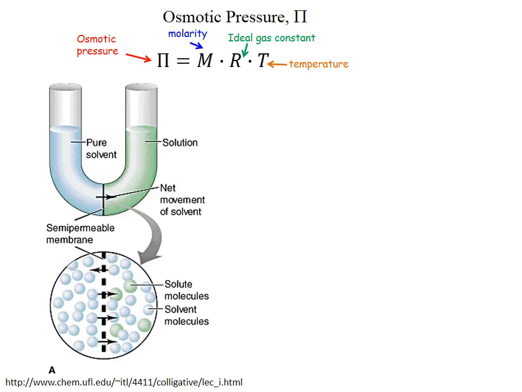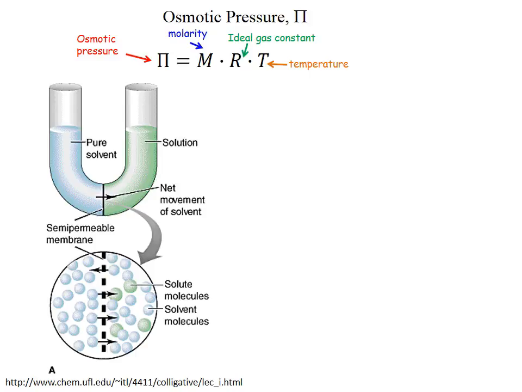Now this picture here is trying to depict what osmotic pressure is, and so we have a semi-permeable membrane, and we have a blown up version of that at the bottom in the little circle, and you can see the little dashed line is our semi-permeable membrane. Semi-permeable means that solvent can get past the membrane, but the solute cannot.